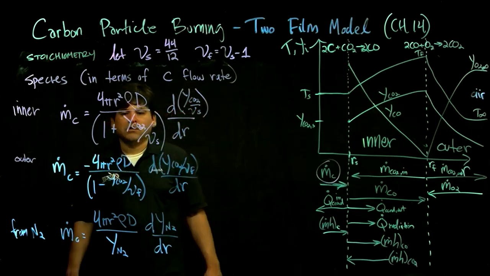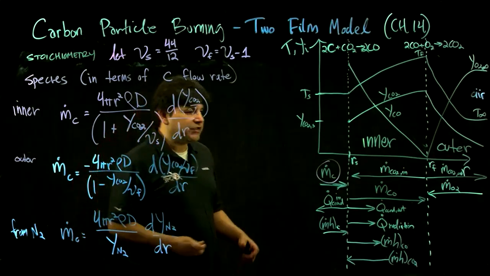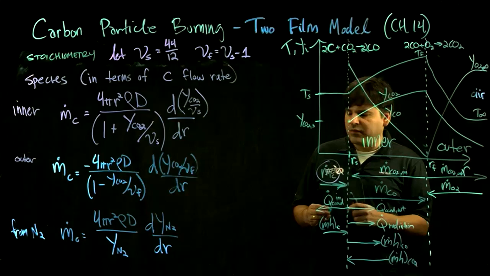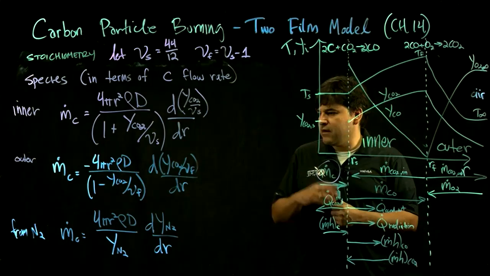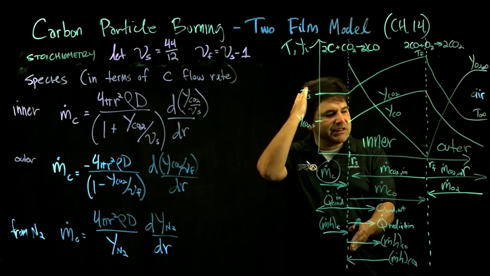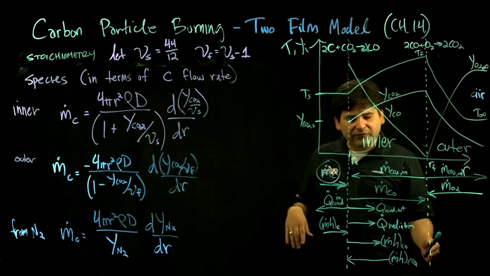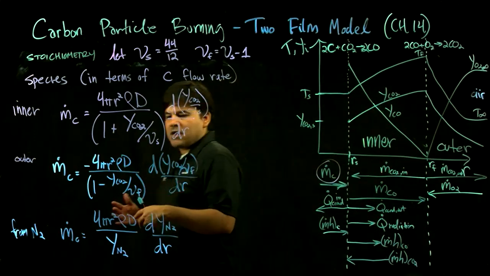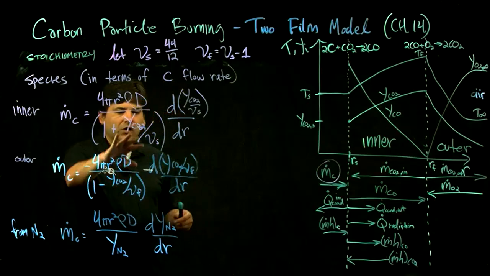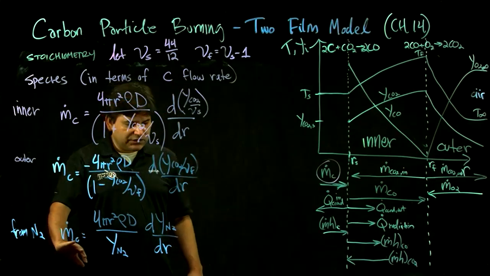Okay, so these are the governing equations of CO2 and air, from the nitrogen in the air. And if we apply the boundary conditions at the surface and the boundary conditions at the flame, that can give us some expressions and solve these ordinary differential equations.